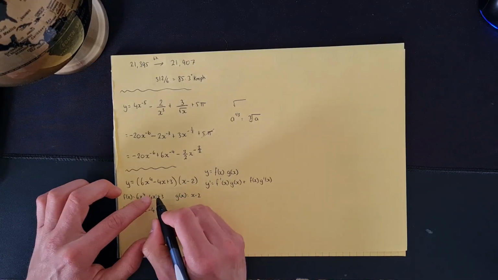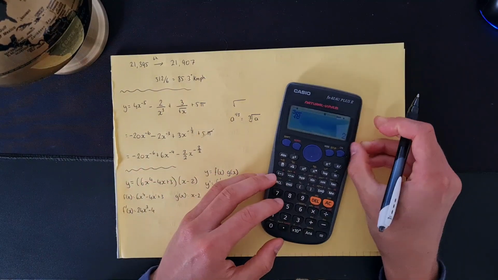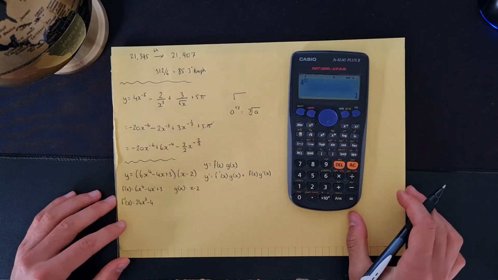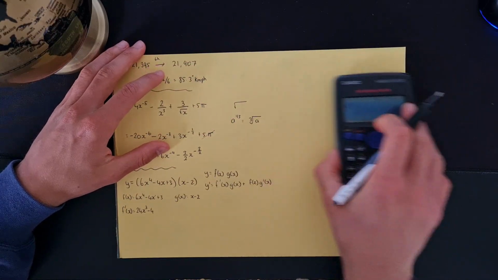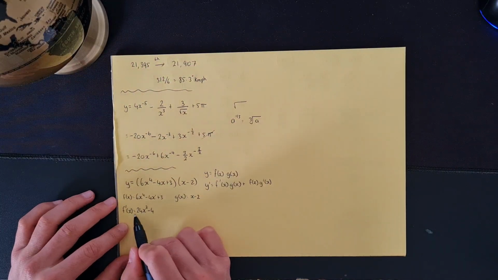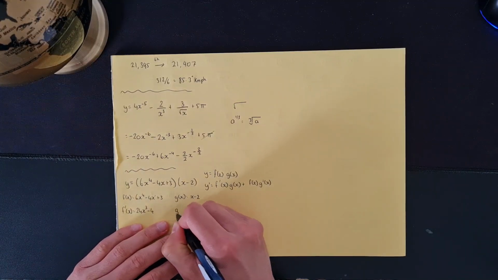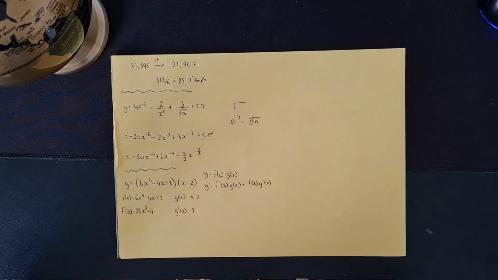Take 1 power off, and then it's going to be to the power of 0, and anything to the power of 0 is simply 1. So then it's just going to be 4. And then here, a constant, when it's differentiated, just becomes 0. So this here is going to be the first derivative of f of x. Now if we do the same thing to g of x, that's just going to leave us with 1.